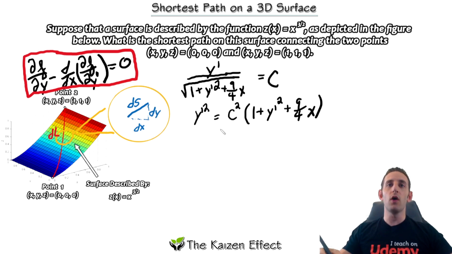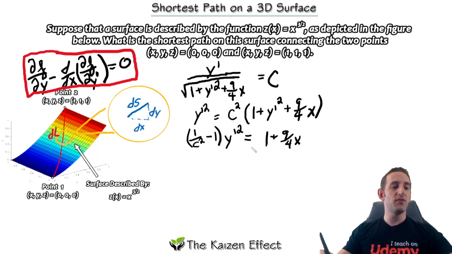I'm going to divide by 1 over c squared and take this guy over to the left. So in essence, what we get is 1 over c squared minus 1, that whole quantity, times y prime squared. And that is just equal to 1 plus 9 over 4x.